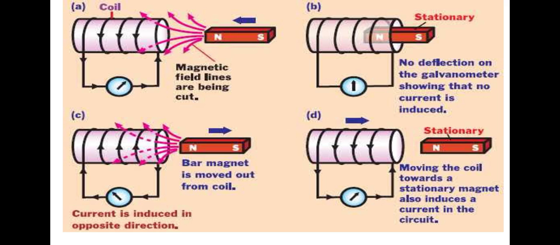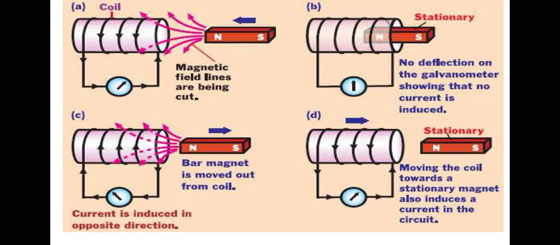In the B figure, now if you move the bar magnet further into the wire or into the coil, you will observe that the coil is stationary and the magnet is now inserted inside the coil, and now the magnet is here also stationary.